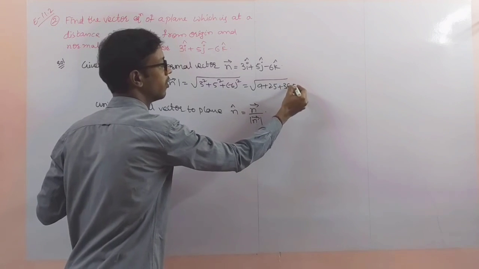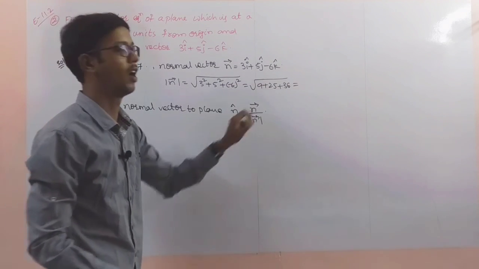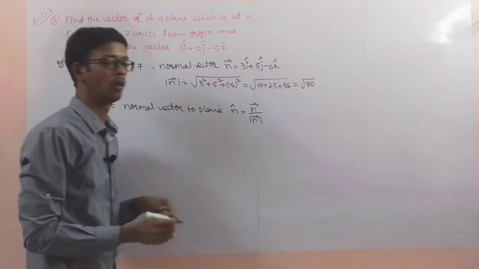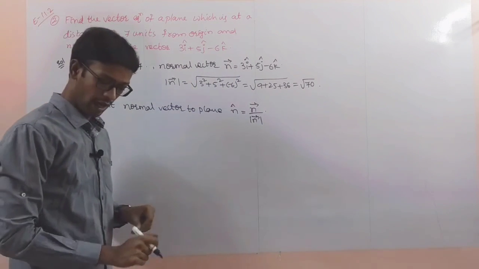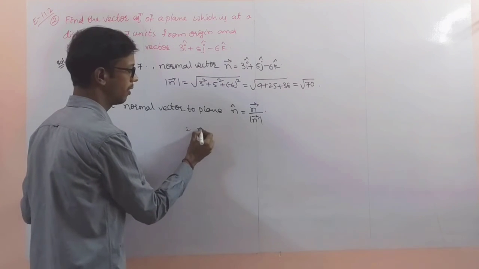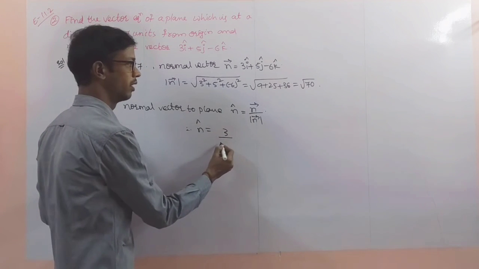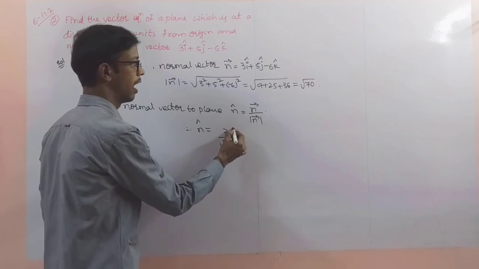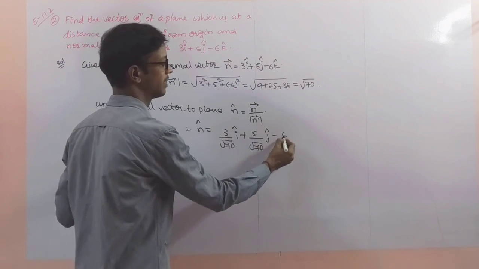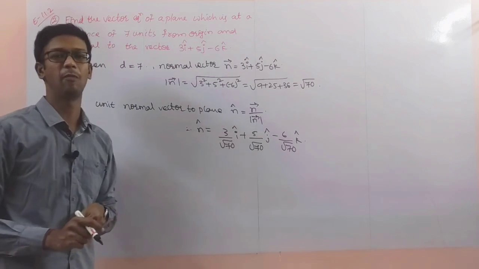That is root 70 you will get. Next, substitute. Therefore, n cap equal to 3 by square root of 70 i cap plus 5 by square root of 70 j cap minus 6 by square root of 70 k cap. This is the n cap vector.